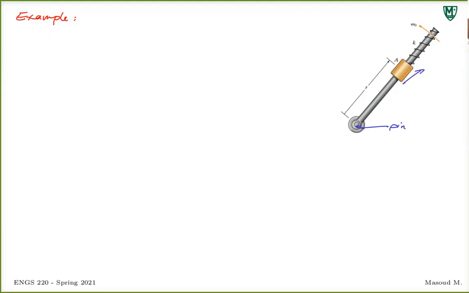So the problem statement, let me write it this way, says the bar rotates in a horizontal plane. That's important. Let me be more accurate: the bar rotates in a horizontal plane about a smooth pin.